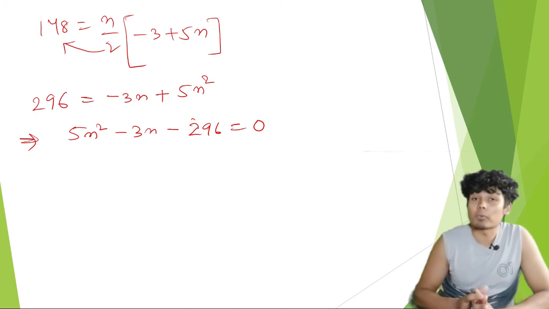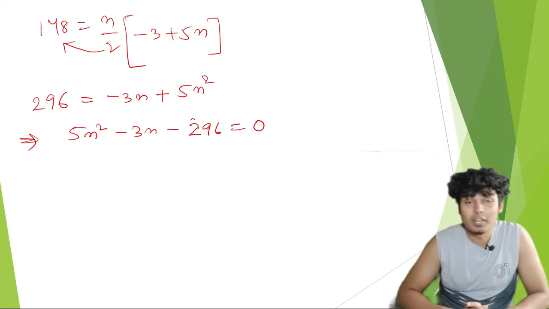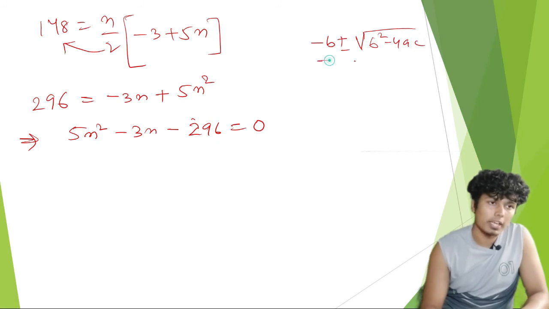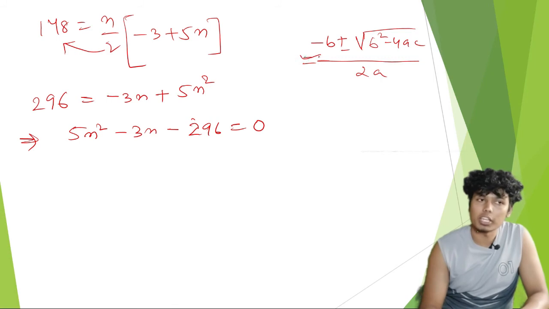You can use the quadratic formula for finding the roots, which is minus b plus or minus root of b square minus 4ac, divided by 2a. You know the formula for finding the roots of quadratic equations. If you do not know it, look carefully.